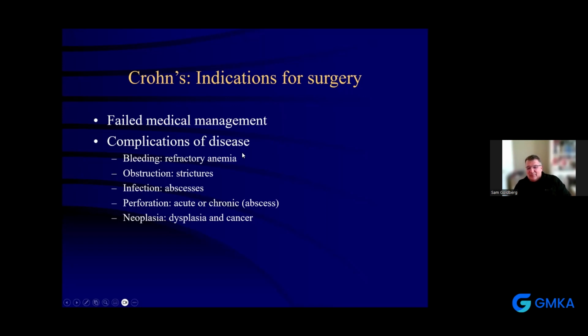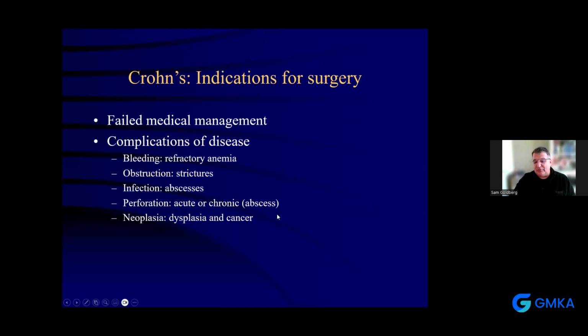Then we also operate for complications of disease. If somebody is bleeding, they have refractory anemia, even if they're on medications, refractory anemia is a reason to operate. Obstruction, as I just mentioned, with strictures. Somebody who has abscesses that can't be drained, okay, that would be a patient that we would definitely consider, because you can't give them immune suppressant or the biologics, even if the abscess is undrained.